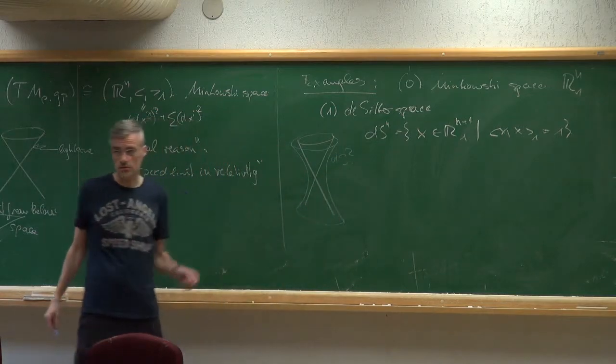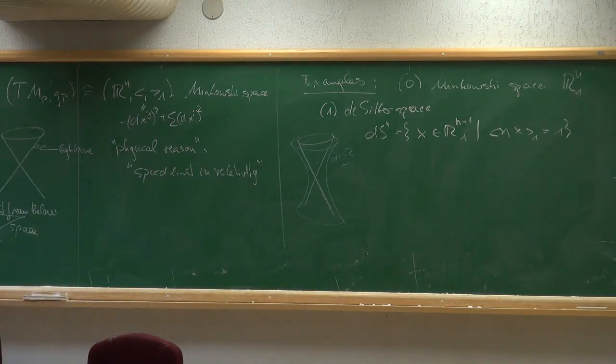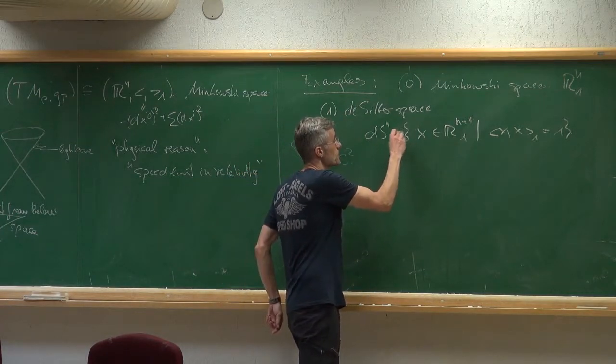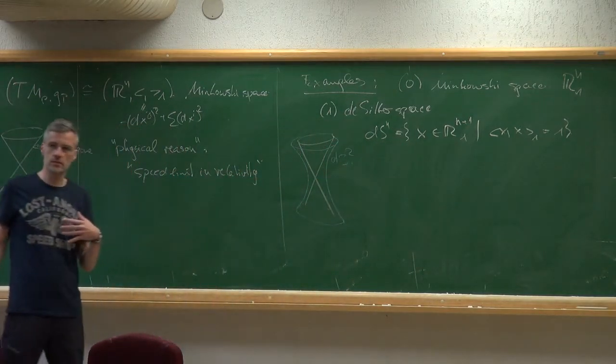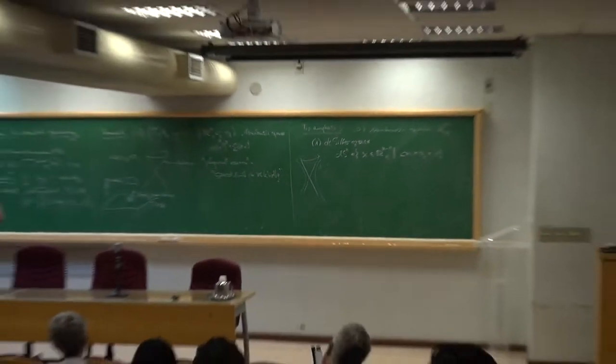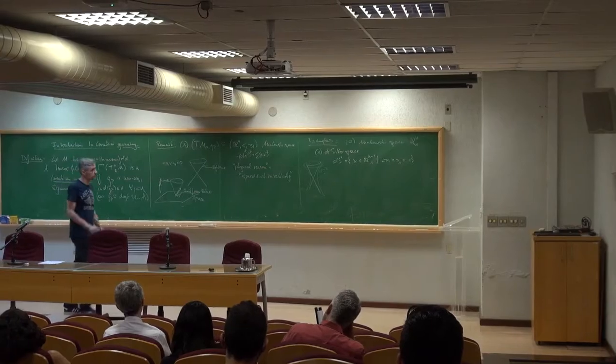In this case, here, de Sitter space. And the funny thing about that, we will see later, is that the sectional curvature of this is constant, equal to 1. Just like in Euclidean geometry, the unit sphere in Euclidean space is the space of constant curvature.